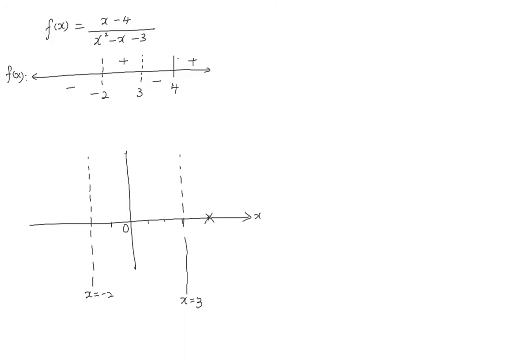This part of the graph is above, this part is below, this part is above, this part is below, this part is also below, right? So now, I'm going to ask you to use your graphic calculator to sketch the graph.